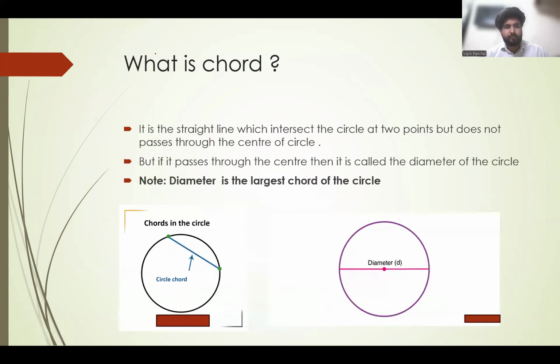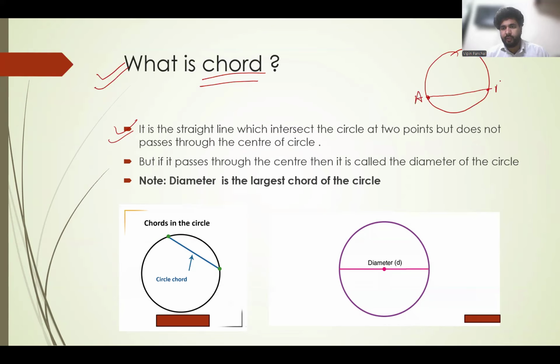Now the next thing is chord. What is a chord? The definition is a straight line which intersects the circle at 2 points but does not pass through the center of the circle. Suppose I draw a circle and I draw a straight line which intersects the circle at 2 points.